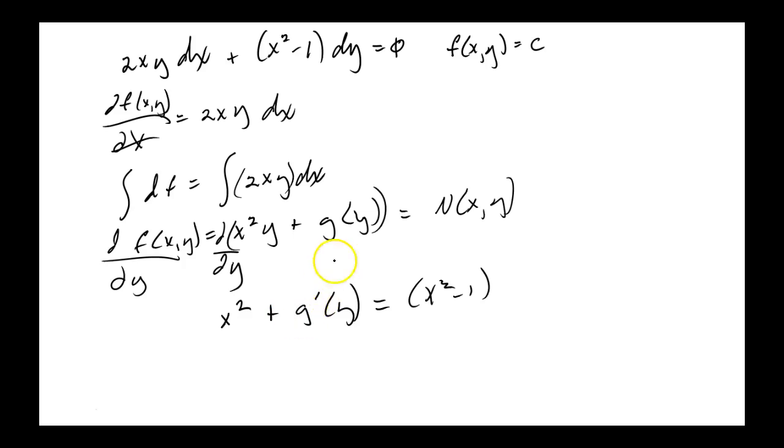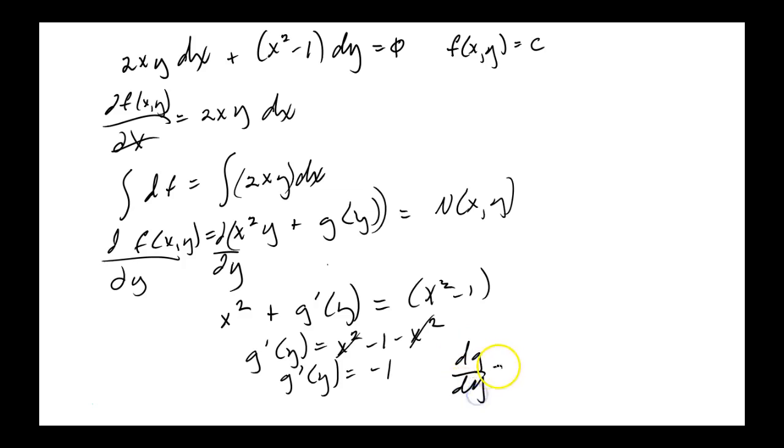Now, let's solve for this. So, g prime of y is equal to x squared minus 1 minus x squared. Uh-oh. g prime of y is equal to negative 1. Could it be? If that's true, then that means dg/dy is equal to minus 1, which means dg is equal to minus dy, right?